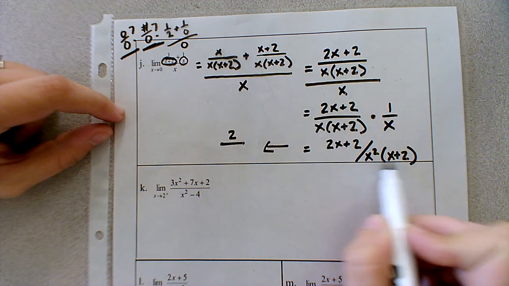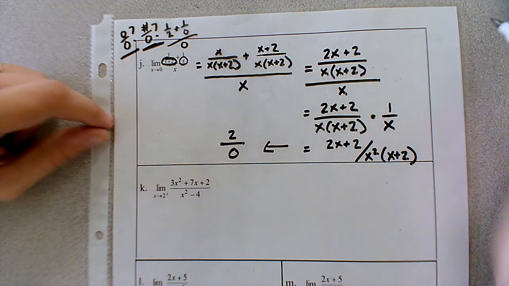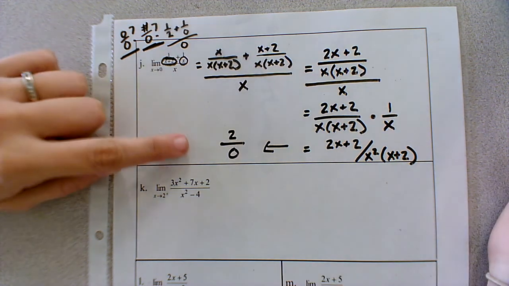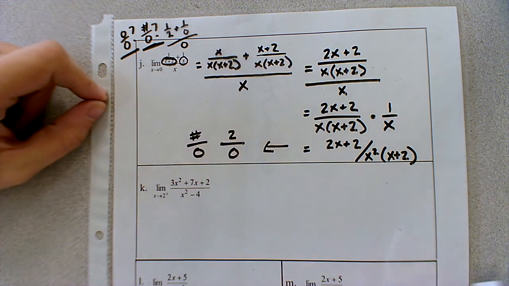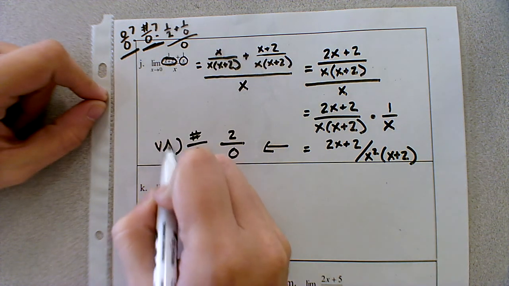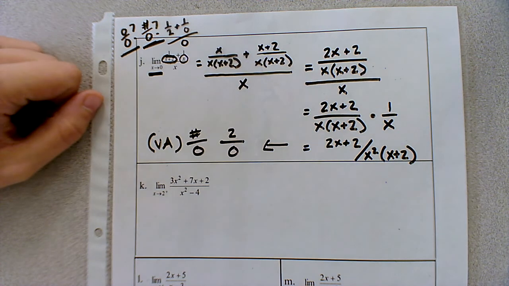And if I plug in 0 on the bottom, 0 times 2 is going to be 0. All right, so now we know for sure that we're dealing with this concept of a number over 0, which is signifying a vertical asymptote at this location of 0.